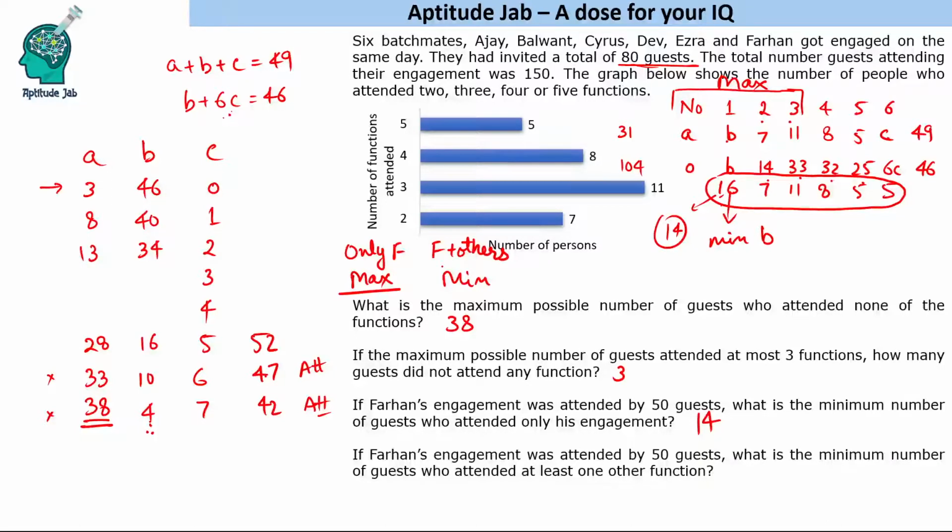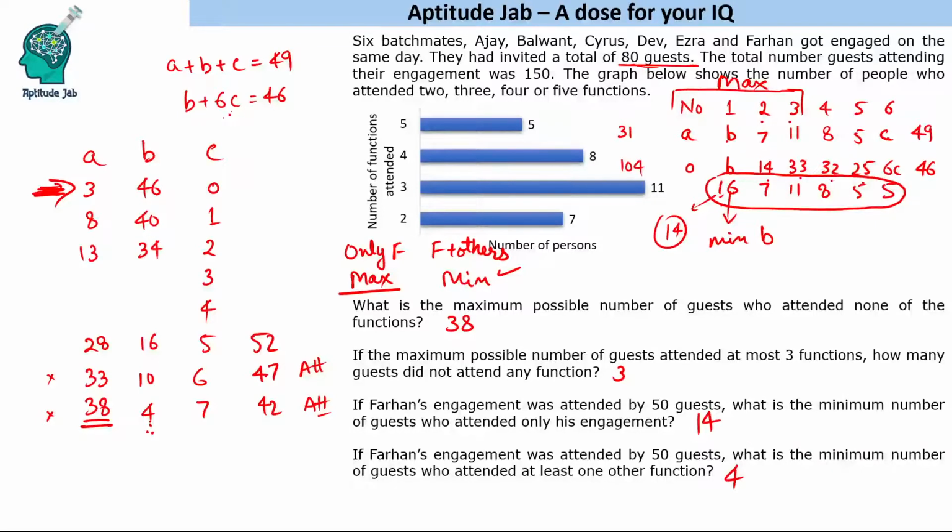We have to find the minimum number in this category, who are attending other functions also. So we will maximize only Farhan. We will consider the scenario that there are 46 people who attend only Farhan's function, and then there will be 4 people who attend some other functions. So we will get a minimum of 4 people who attended some other functions.